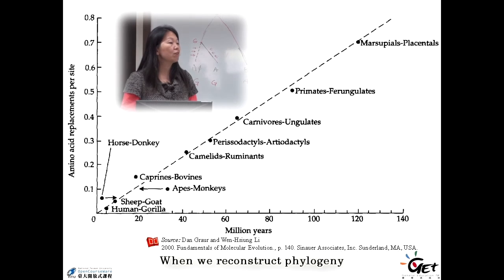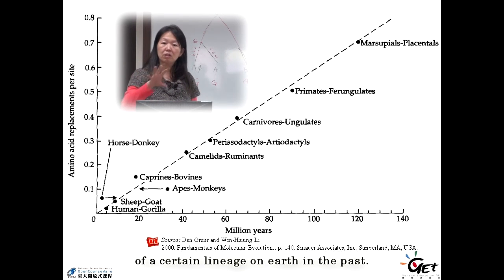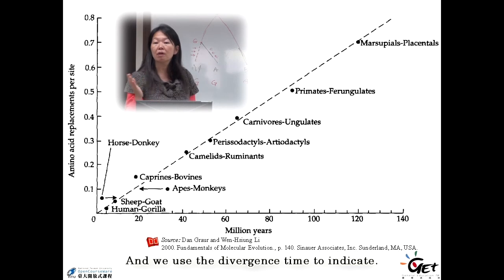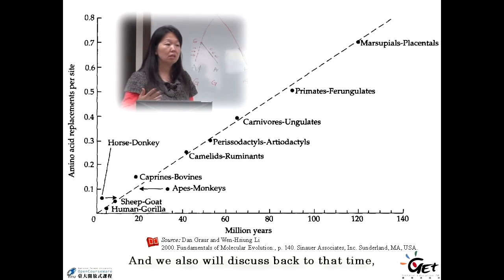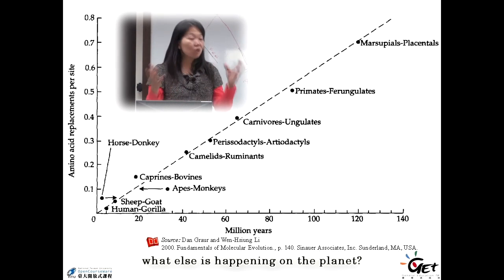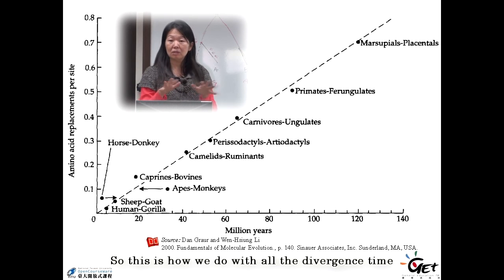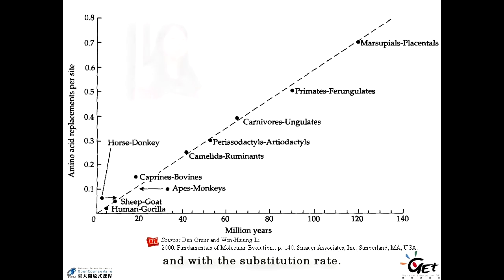When we reconstruct phylogeny, quite often we discuss the origin of a certain lineage on Earth in the past, and we use the divergence time to indicate that. In the discussion, we also talk about what else was happening on the planet at that time. So this is how we use divergence time and the substitution rate.